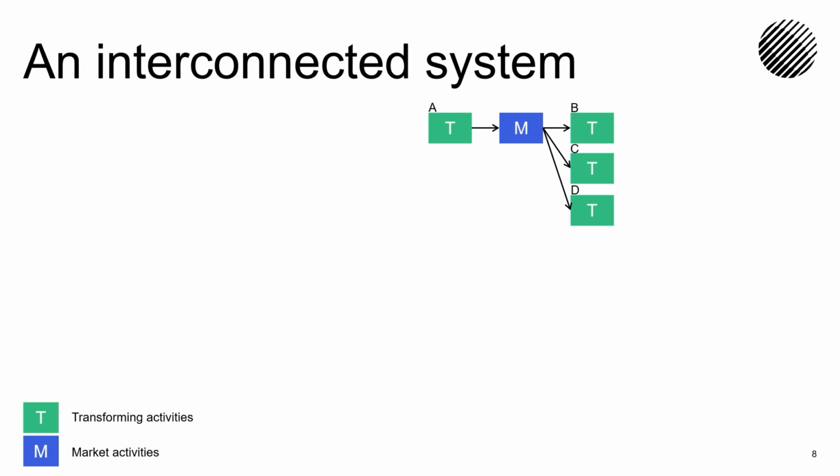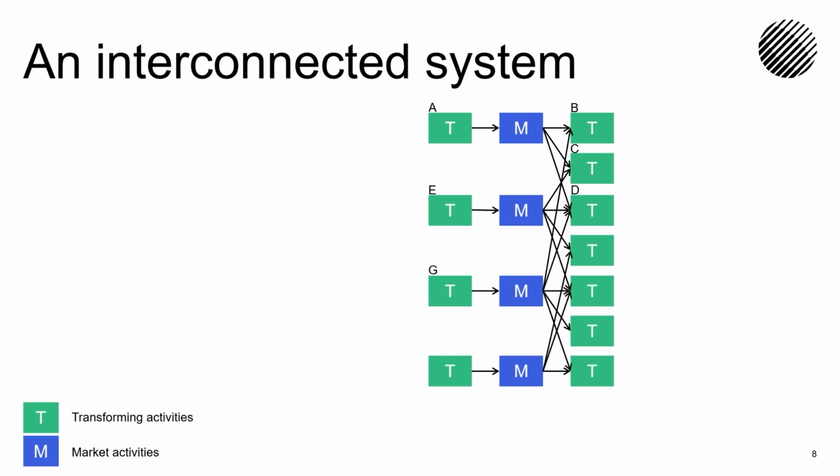The transformation activity A needs to enter a market, and the market activity is able to connect several transformation activities, so to create links between technosphere human activities. In this example, the transformation activities B, C, and D have access to an output of transformation activity A through the market activity.